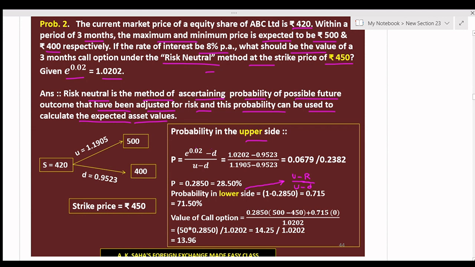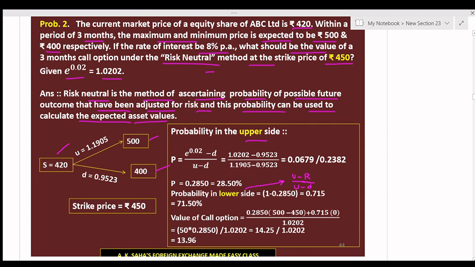Here you draw the diagram. S is equal to spot price is 420 and upper limit value is 500 and lower limit value is 400. First you have to find out the probability of upper side and lower side, and to do so you have to find out the U.